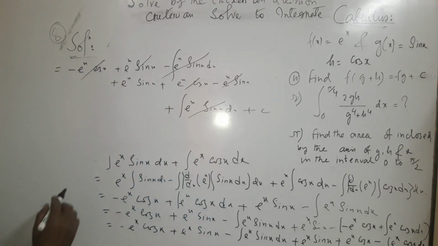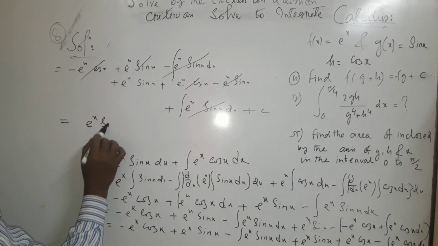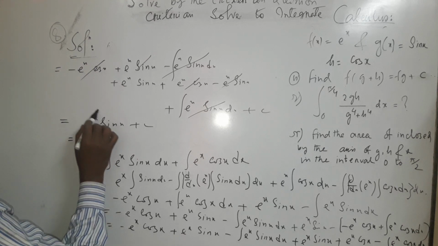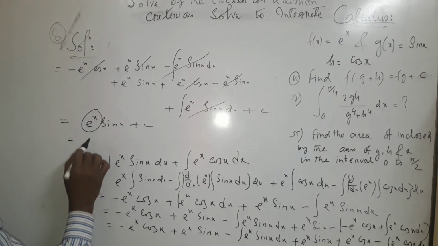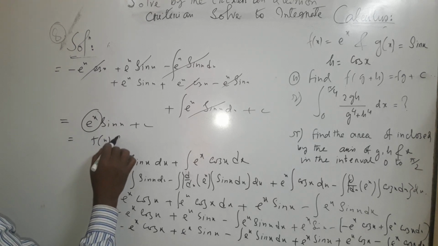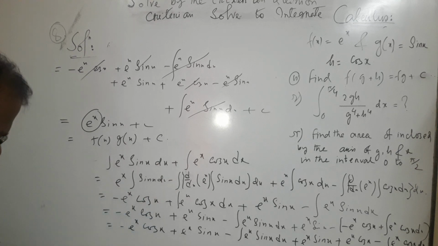That's the answer. So you have to deeply think and deeply do the math in the answer. F of g means f of x, sin of x means g of x, plus constant.